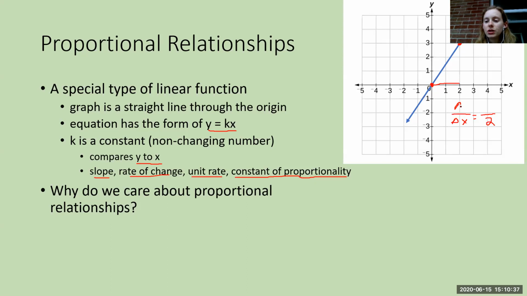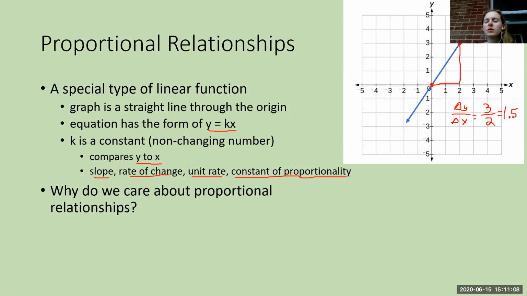And my change in y would be 1, 2, 3. It would be 3. So my slope is 3 over 2. So that's kind of the fraction representation of it. If we wanted to, we could write that as a decimal. So 3 divided by 2 gives us 1.5.